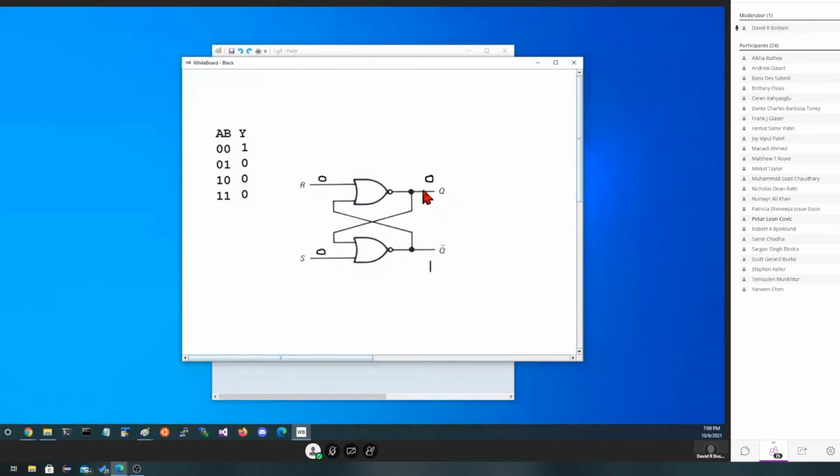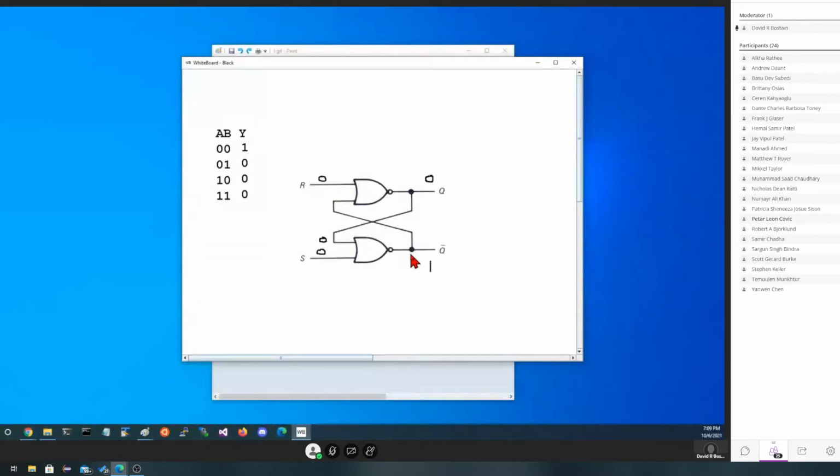If this is a 0, that means that we go back here, this guy has to be a 0. Now, do 2 zeros support it being a 1? 0, 0 makes it a 1. As a matter of fact, the only way to get a 1 here is for both of these 2 to be zeros. Let's keep that in mind.